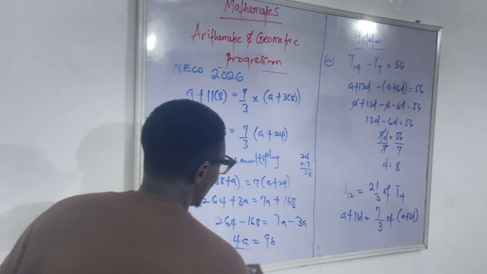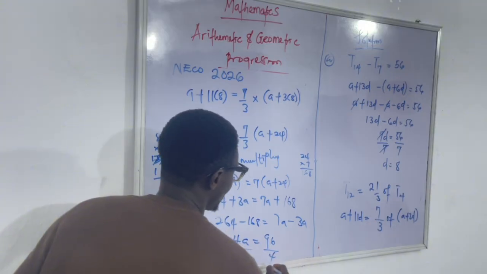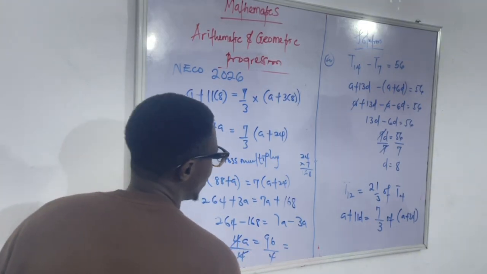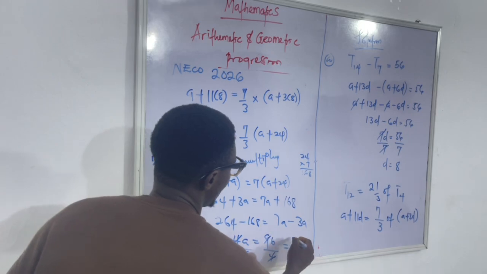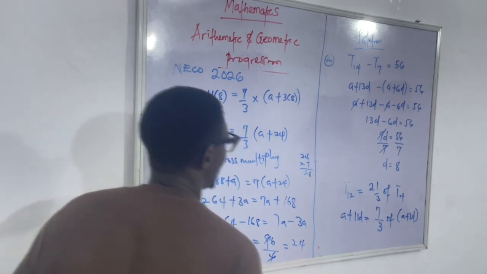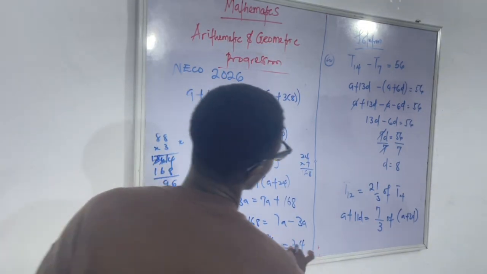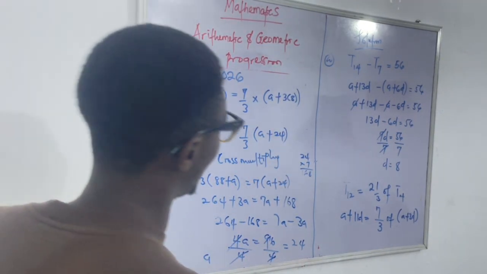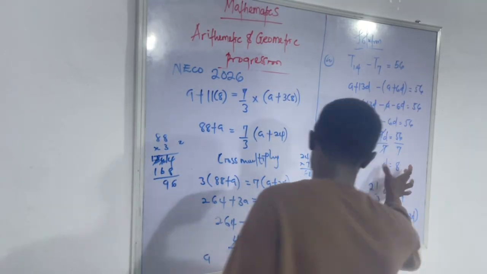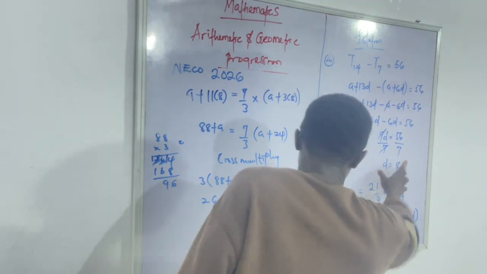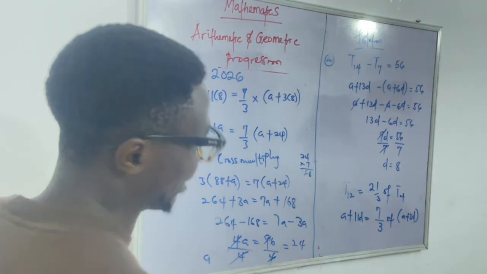Are we together? So divide by 4. Then the value of our A is what? Our A is 24. So we've gotten our D and we've gotten our A. D is 8 and A is 24.